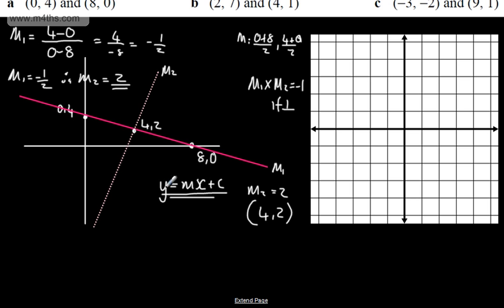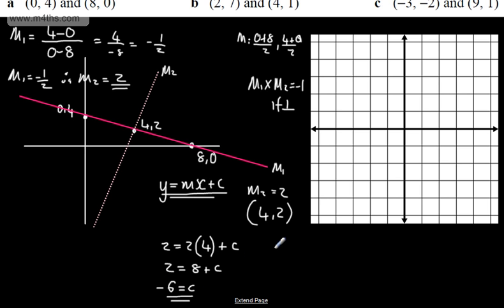So if I sub these in, the y-coordinate is 2, then we've got the gradient, which is 2, we've got the x-coordinate, which is 4, and then we've got the c. So 2 is equal to 8 plus c. So subtracting 8 from both sides, c is equal to negative 6.